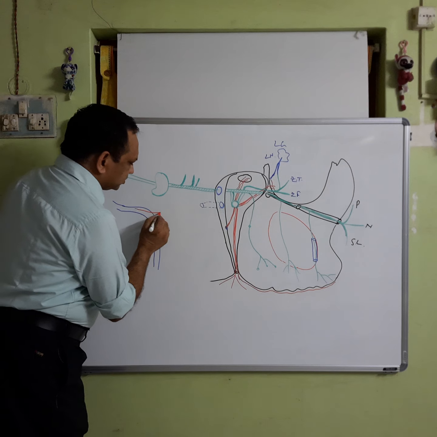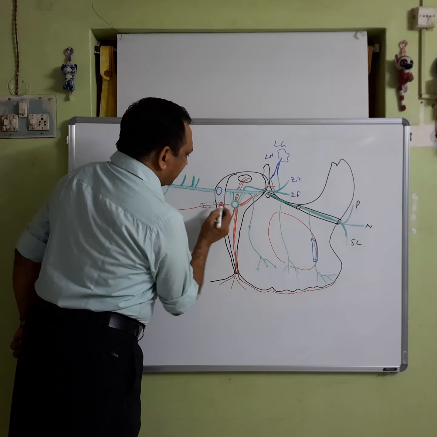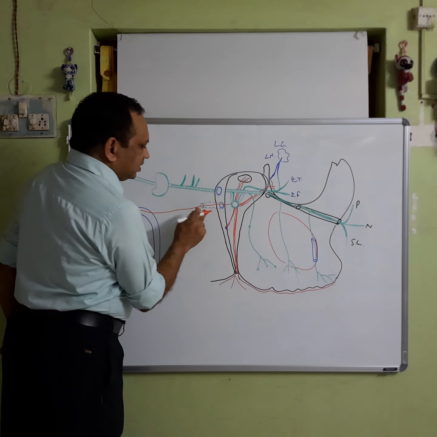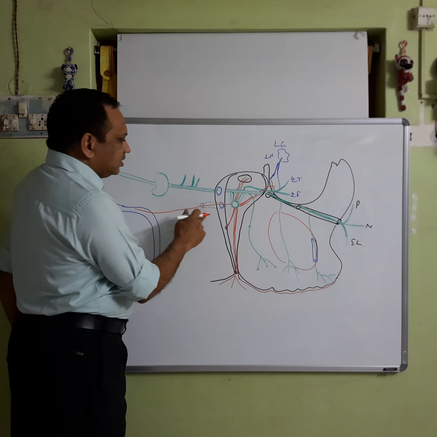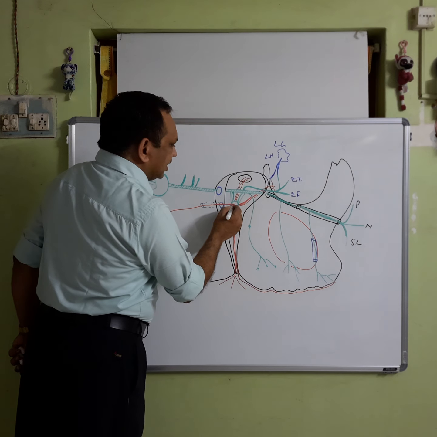They pass without relay there and pass through the pterygoid canal and relay in the ganglion.